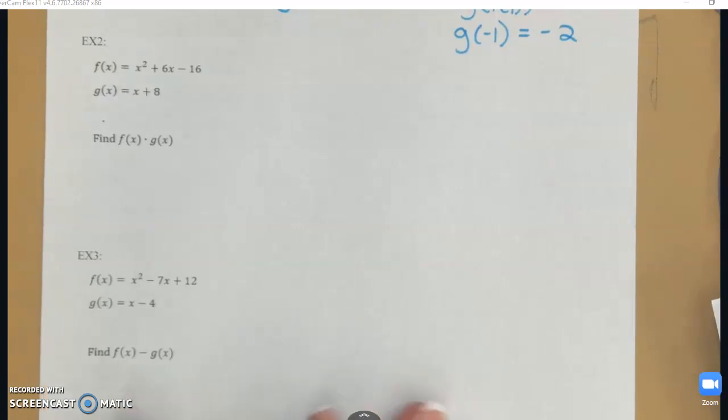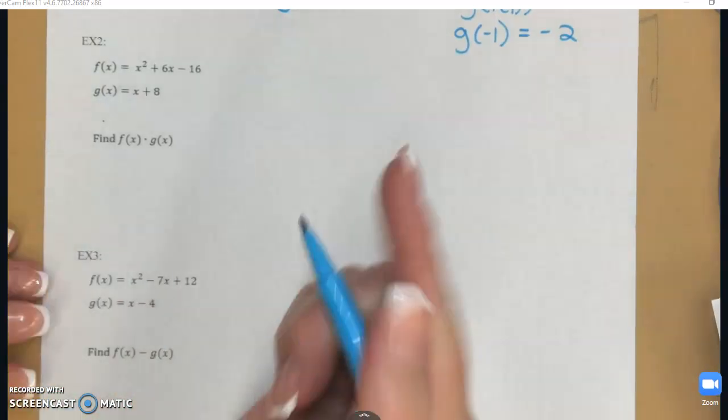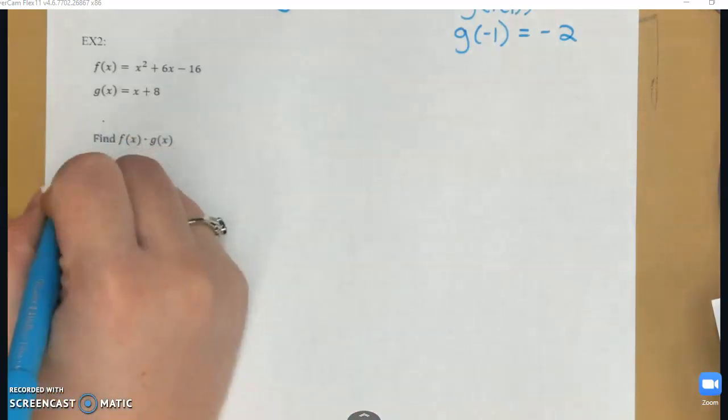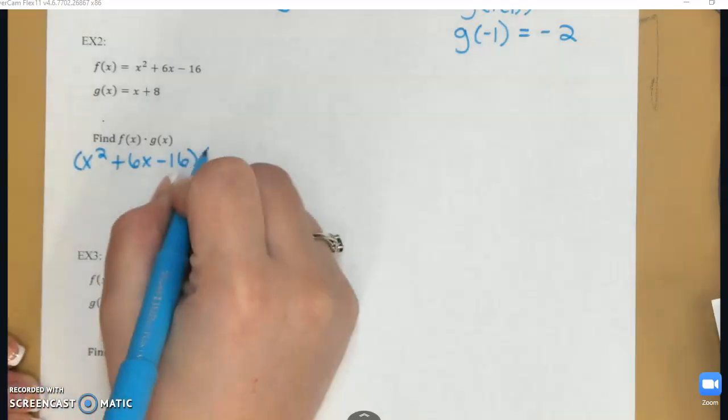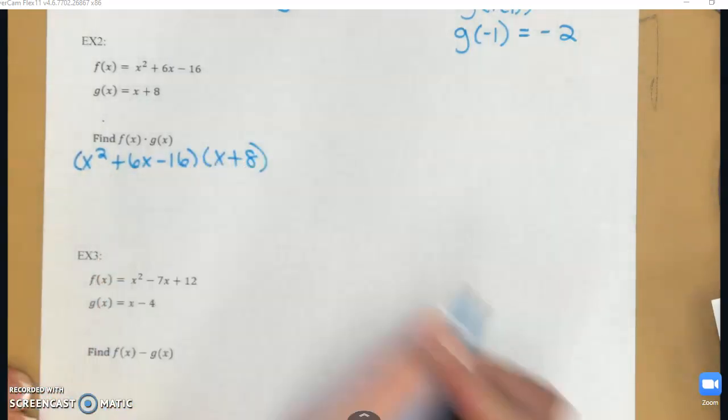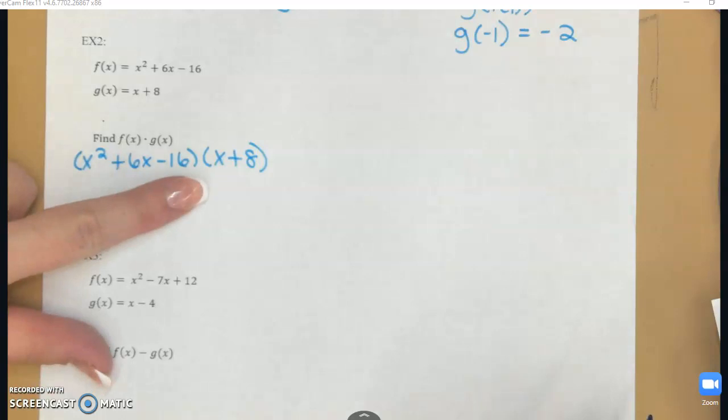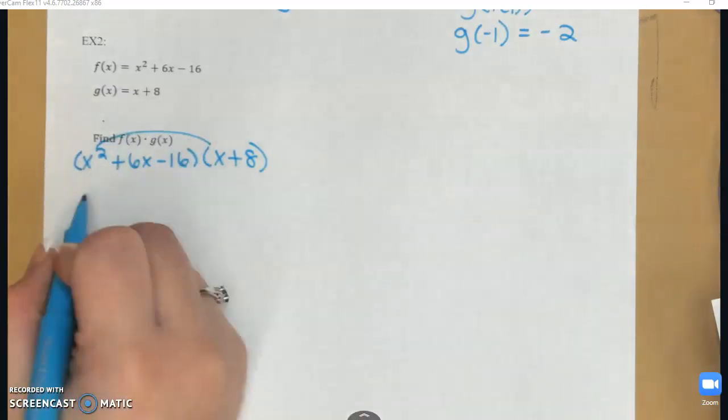Moving on to example 2. I've got my two functions, and this is the product, so I'm going to be multiplying them. So I'm going to take x squared plus 6x minus 16 and multiply by x plus 8. So remember, if I've got a 3-term and a 2-term, that means I'm going to be doing multiplication 6 times.